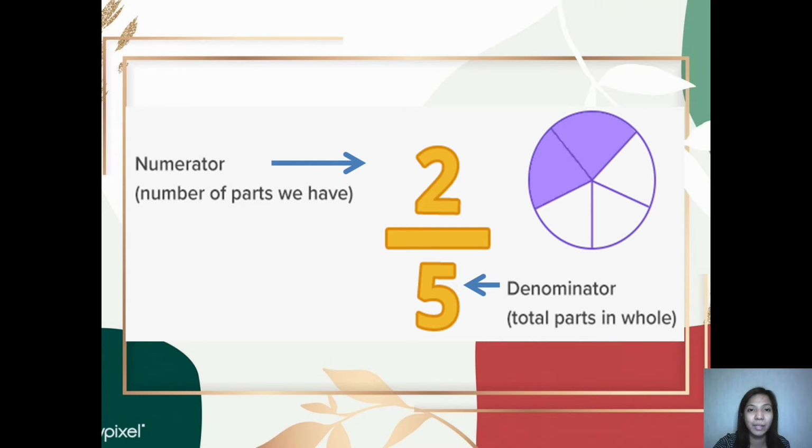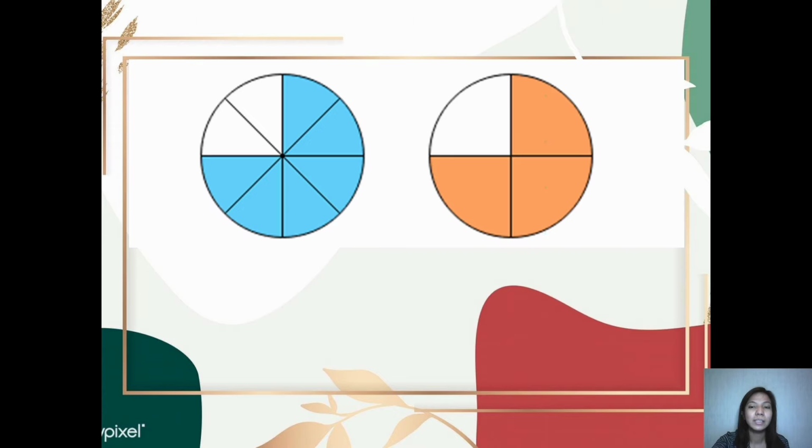2/5, or 2 over 5. Here, how many are in the blue shaded region? 1, 2, 3, 4, 5, 6. And how many parts in all? 8.